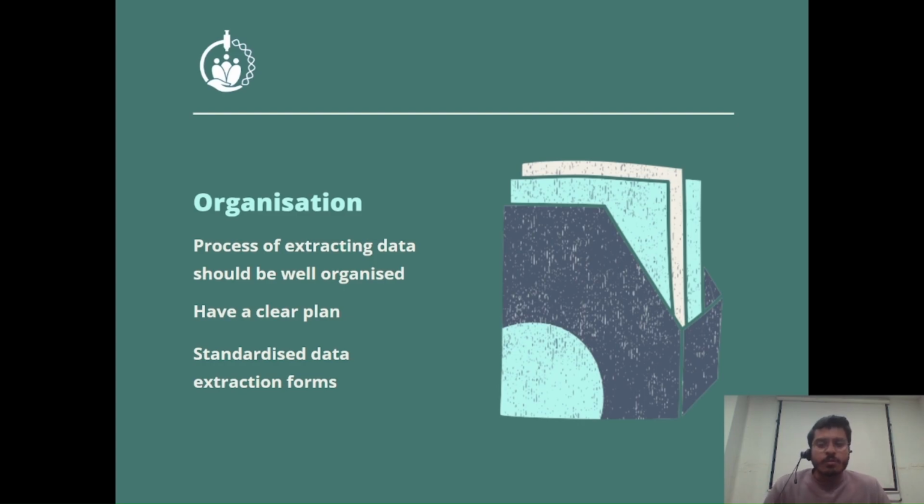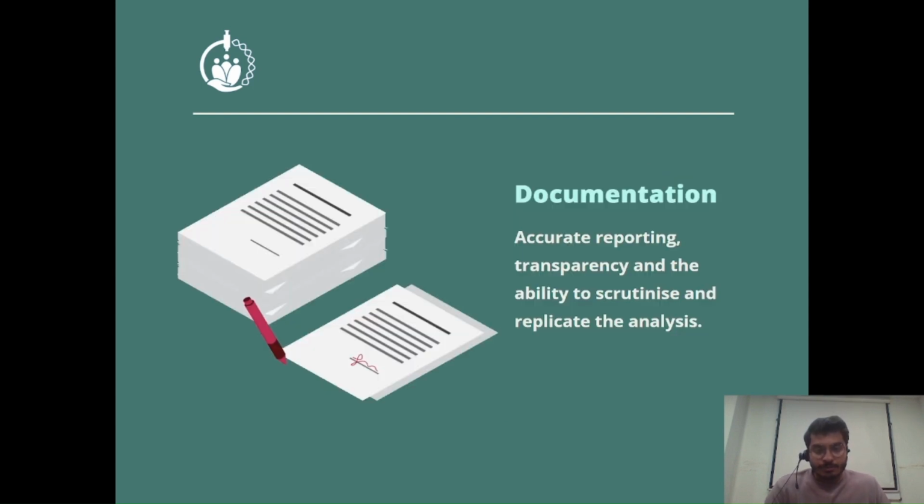So it's important to have at least one experienced researcher who knows how to extract data, because without having them, you're increasing the chances of error, you're increasing the chances of ambiguity, you're increasing the chances of not having reliable data, right? So you have a clear plan, you decide on it, and then you move forward and use standardized identical sheets for data extraction, right?